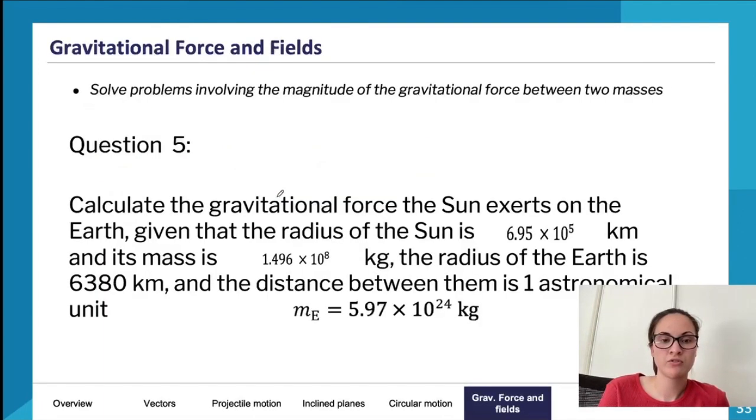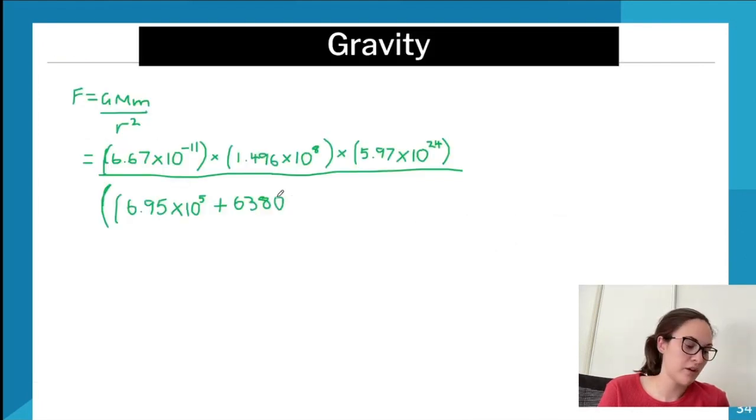Yeah, so those first two, those are the ones that they give us. The radial distance of the sun, and the radius of the Earth. And now we've got the astronomical unit, which is 1.5 by 10 to the 8. So plus 1.5 by 10 to the 8.